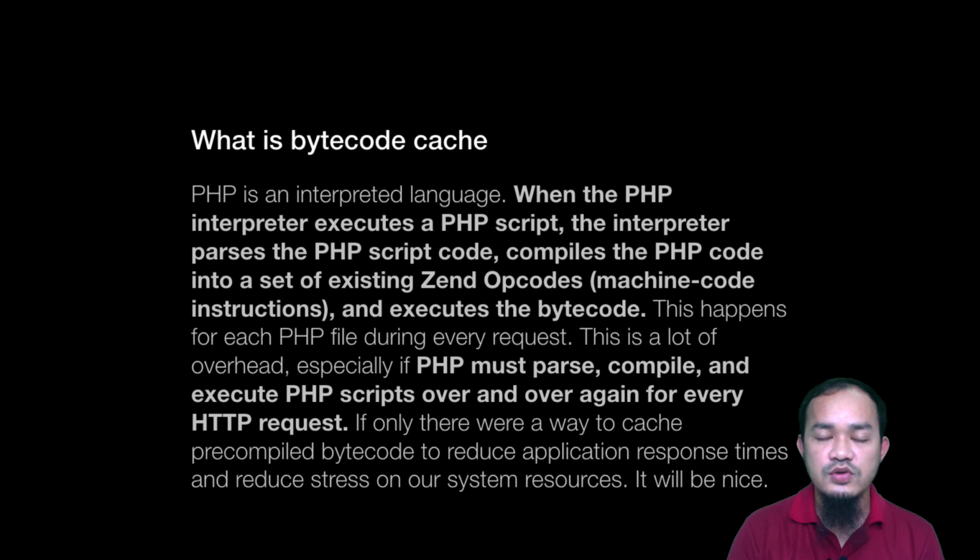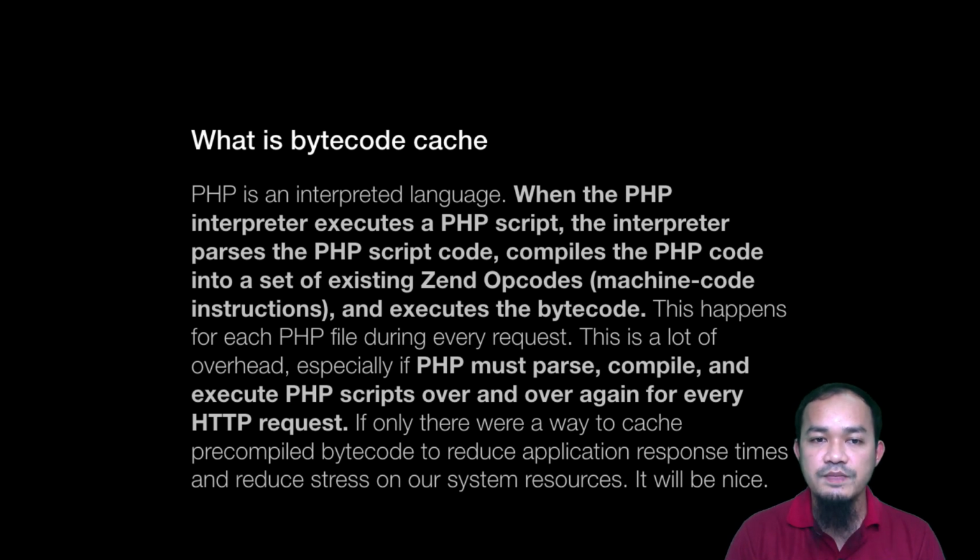For example, when you request index.php, PHP will rerun again and again. This makes our server more tired and reduces the performance, because PHP has to work every time we execute. So it's better to reduce the application response time by using some kind of cache.